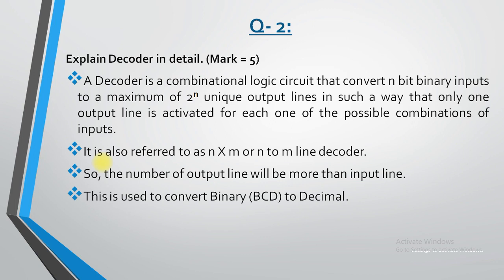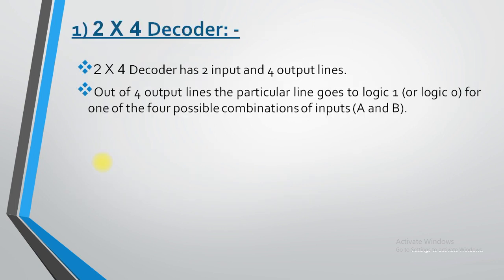Now the output line will be maximum or more than the input line. Now 2 by 4 decoder is the first type of decoder. 2 by 4 means 2 input and 4 output. When decoder is used, at a time only one output line is activated.